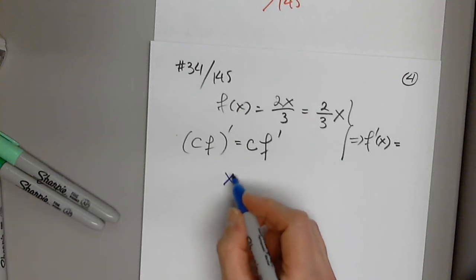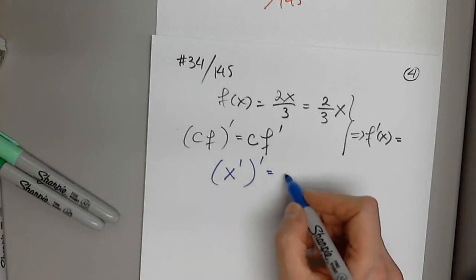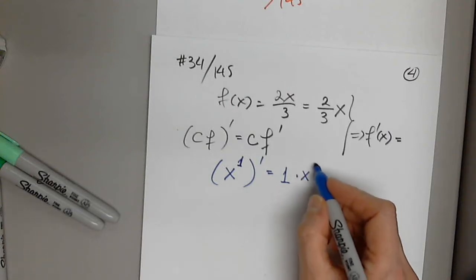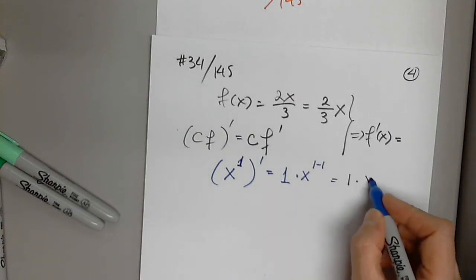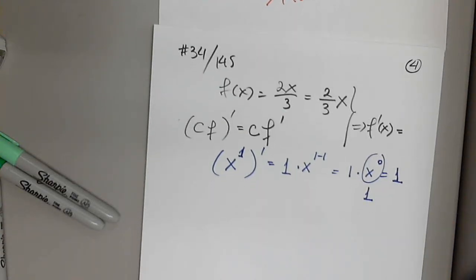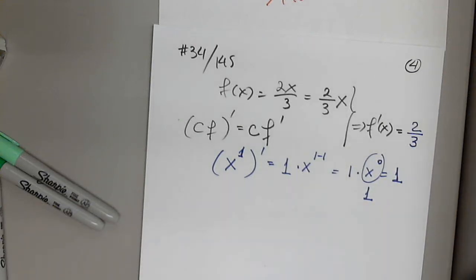And how much is x prime? Yes, because x prime is 1. I bring down 1. This is power 1, right? I bring down 1, and x raised to 1 minus 1. So 1 multiplied by x to 0, but x to 0, I know it's 1. So obviously, the derivative of x is always 1. The slope of x is always 1. So therefore, when I differentiate x, I get 1. So the derivative of this function, it's a linear function, its slope is 2/3. Obviously, the answer must be 2/3.